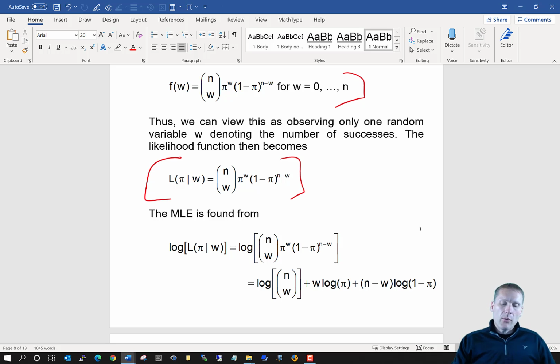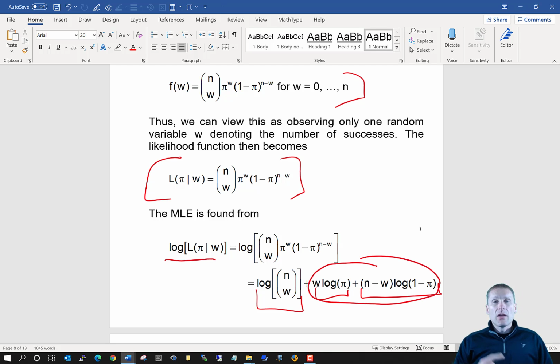And so now when I work with the logarithm of my likelihood function, look what happens. I have 3 separate terms. We essentially had these last 2 terms previously when we were working with the Bernoulli case. But now we have this extra part here dealing with the combination.